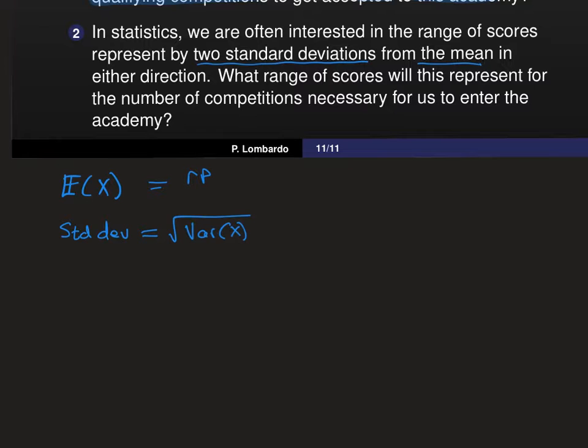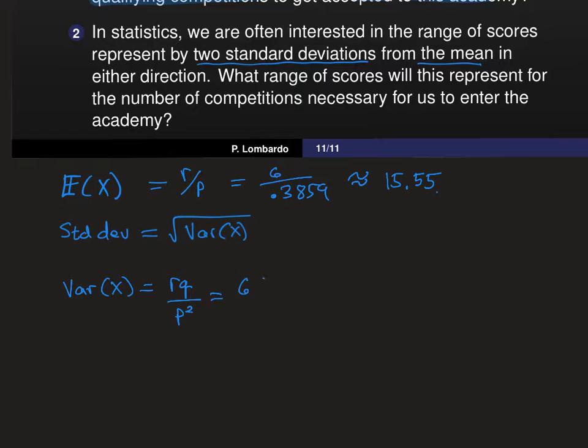Remember, the expected value of x is r over p. So this would be 6 over 0.3859, which is approximately equal to 15.5. And then the variance of x is rq over p squared.